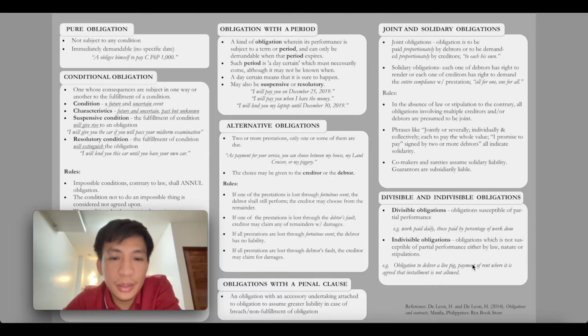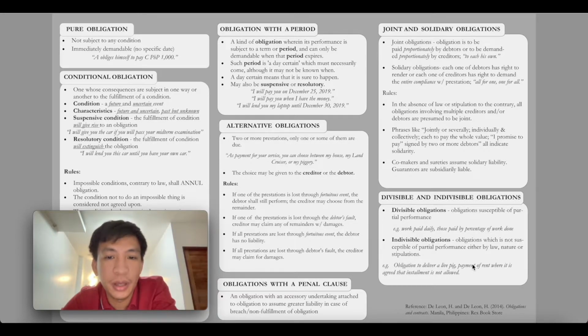If one of the prestations is lost through the debtor's fault, creditor may claim any of remainders with damages. Okay. If, for example, one of the prestations is lost through the debtor's fault, the creditor may claim any of remainders with damages.